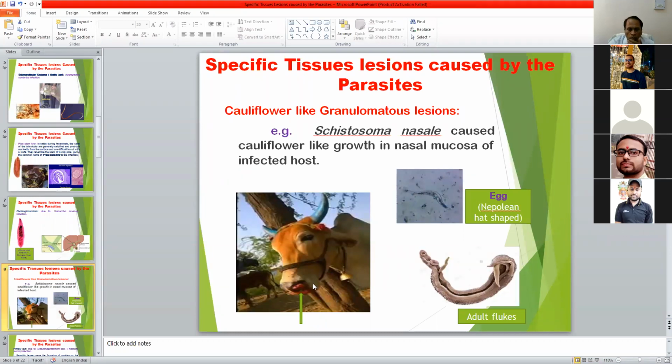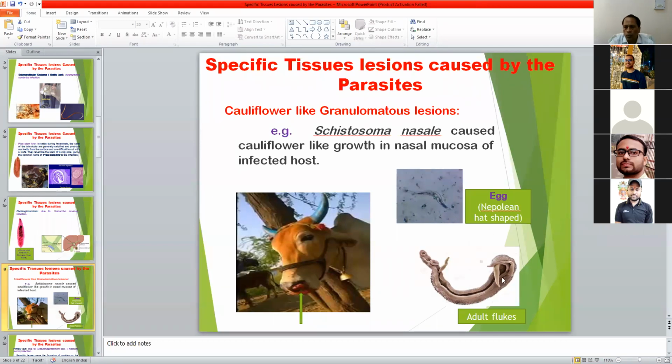During its location in the nasal mucosa it causes irritation of the nasal tissue and excretes some antigen, causing granuloma in the nasal mucosa that resembles a cauliflower-like structure, so it is known as cauliflower-like granulomatous lesions, and this occurs during Schistosoma nasalis infection.